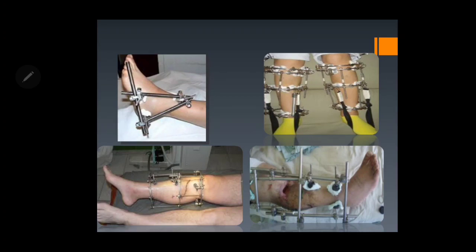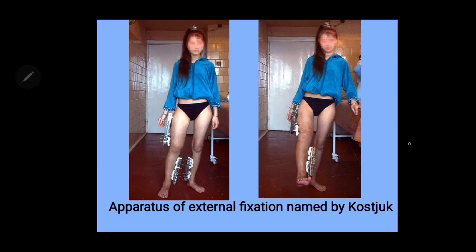For distal tibial fractures, we can use it as temporary fixation, and we can also use it for treatment of osteomyelitis and open fractures. This is a way we can fix up to three and even more fractures if we have a patient with polytrauma. Remember, this is the treatment of choice. If we have many fractures around the body and the patient is in a severe condition, we should immobilize them with external fixators, as this technique is minimally invasive and quite quick.